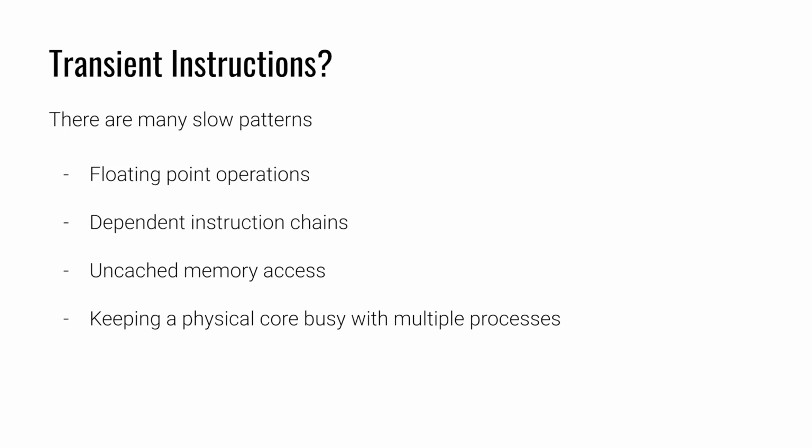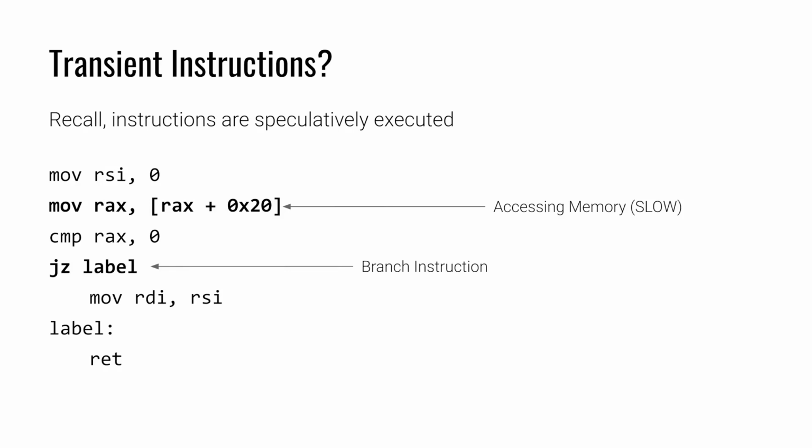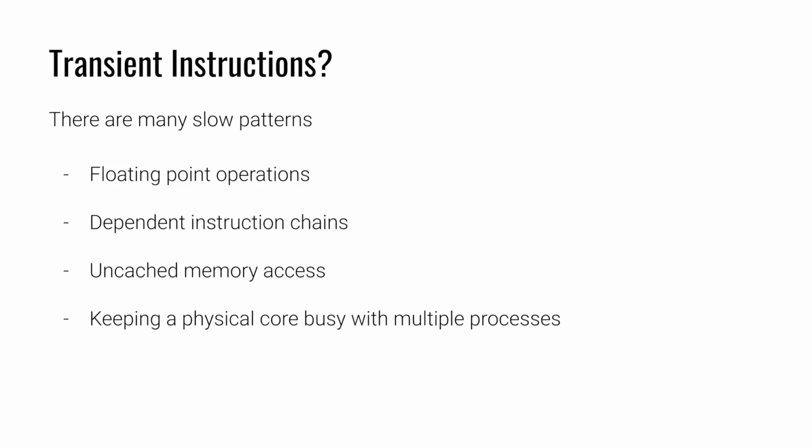This is significantly slower than doing just regular integer math that we commonly see on the CPU. Now, how do we leverage something like floating point operations to cause speculative execution? Well, we could have a floating point operation followed by a branch, but let's not think about that. There's something else that occurs, known as a dependent instruction chain. A dependent instruction chain is a series of assembly instructions that rely on each other.